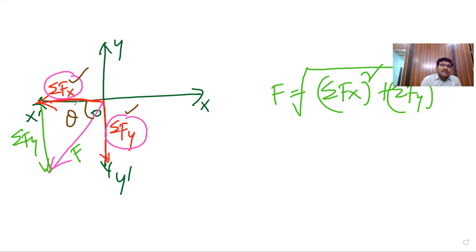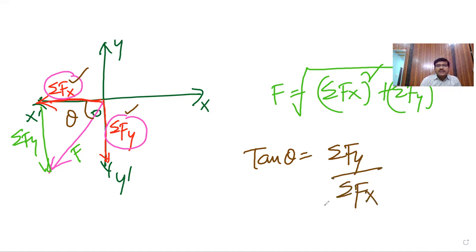Suppose theta is making angle with the negative x-axis, then tan theta in this triangle is opposite side sigma Fy by sigma Fx.